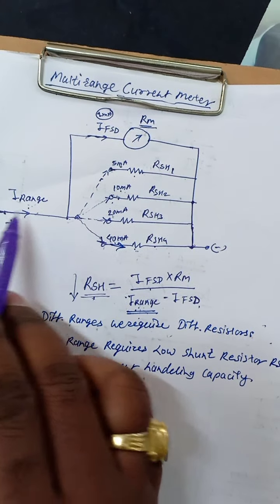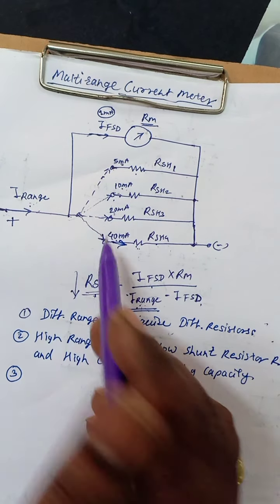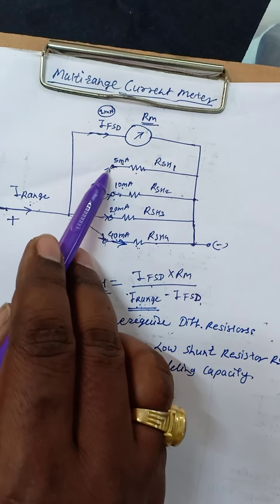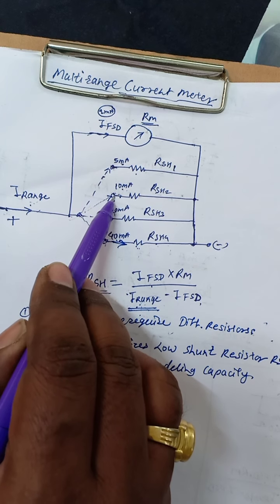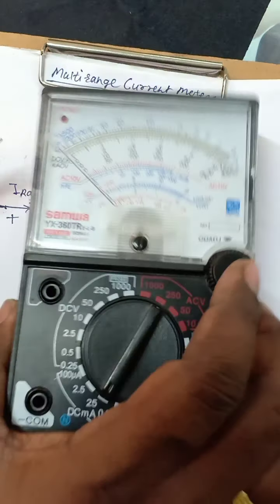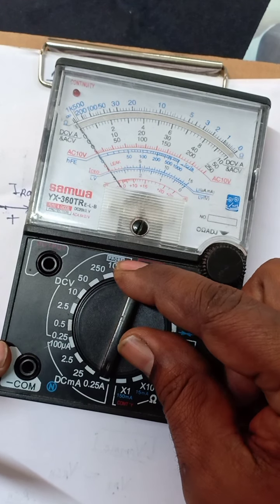if we apply some current to this meter and then change the range from 5 milliampere to 10 milliampere, there is a range selector and you are changing the range.